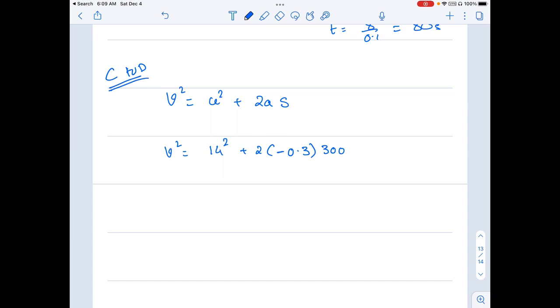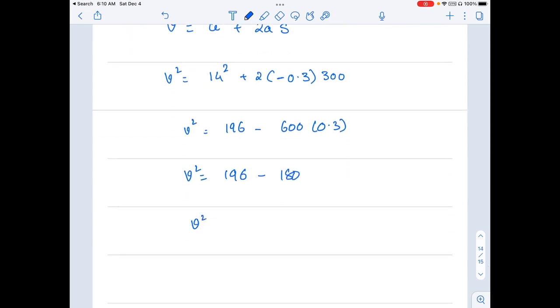From there I get V squared is equal to 14 squared, which is 196, minus 2 times 0.3 times 300, that is 600 times 0.3, so V squared is equal to 196 minus 180. So V squared is equal to 16. V is equal to square root of 16.